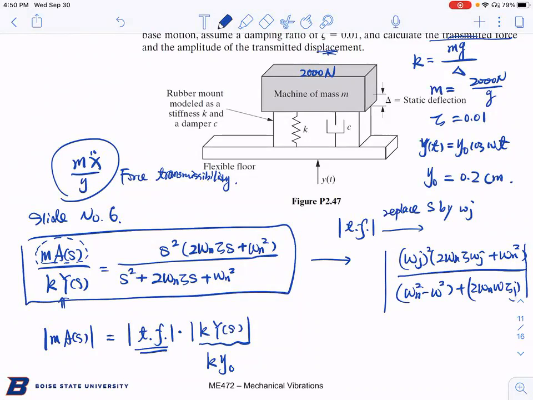That's how you find the magnitude of your transfer function. And remember, your r is omega over omega n. So you can complete this calculation after class.